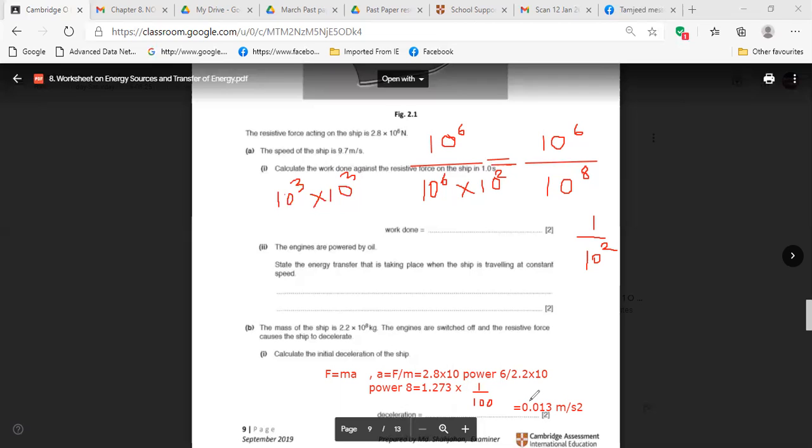0.01273. If you write in two significant figures, you can write in 3, right? Is it clear?